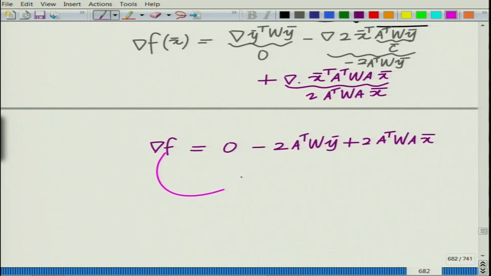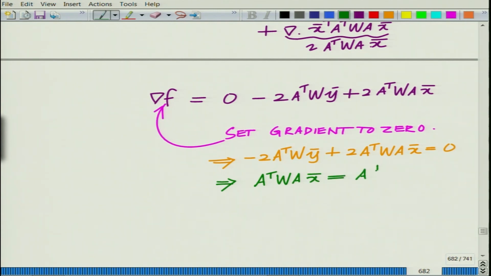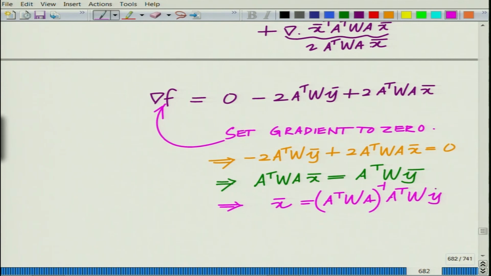So, we set the gradient to 0. This implies that minus 2 A transpose W y bar plus 2 A transpose W A x bar equals 0, which implies A transpose W A x bar equals A transpose W y bar, which essentially implies that the least square solution is given as x bar equals A transpose W A inverse A transpose W y bar.